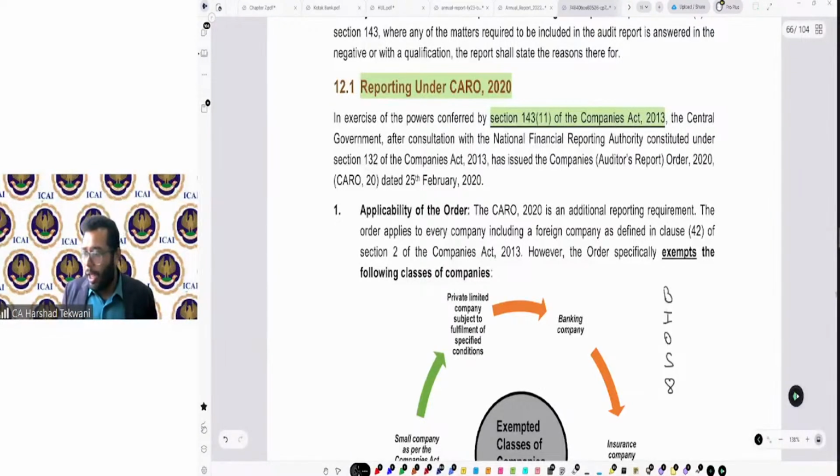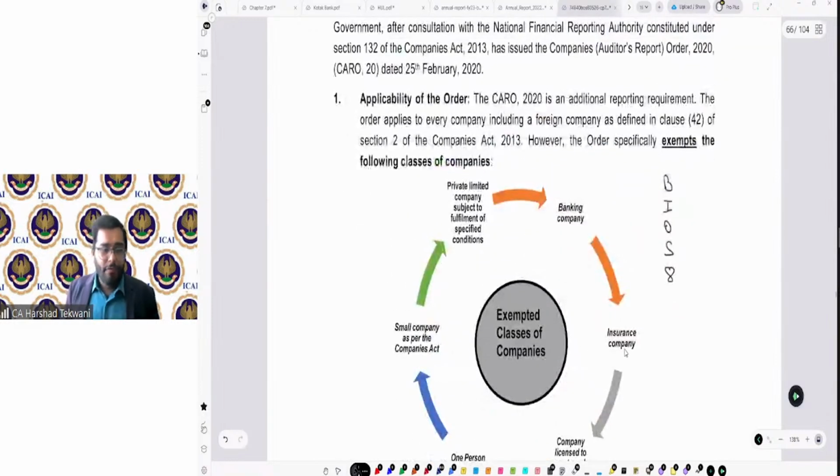BIOS 8, and there is another exemption along with BIOS 8, that is plus the private limited exemption.